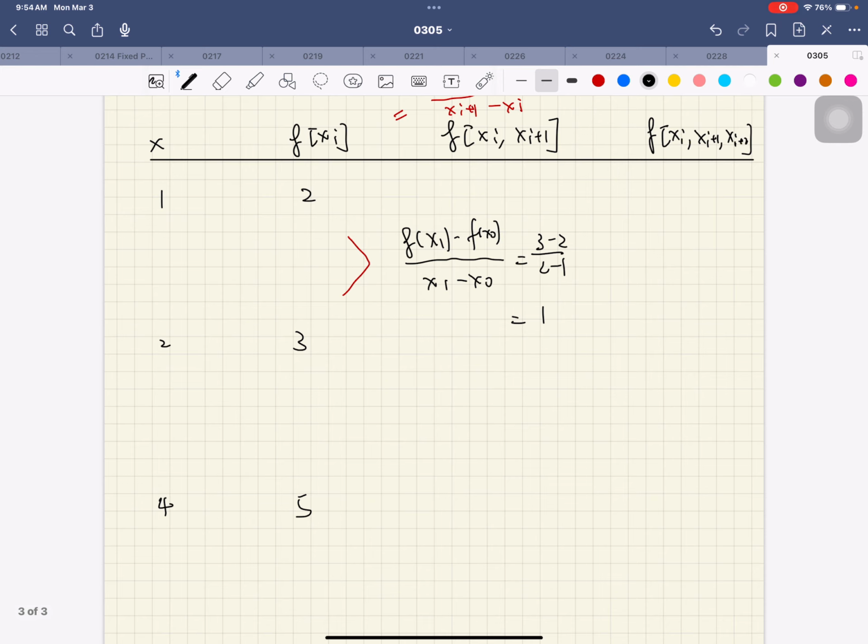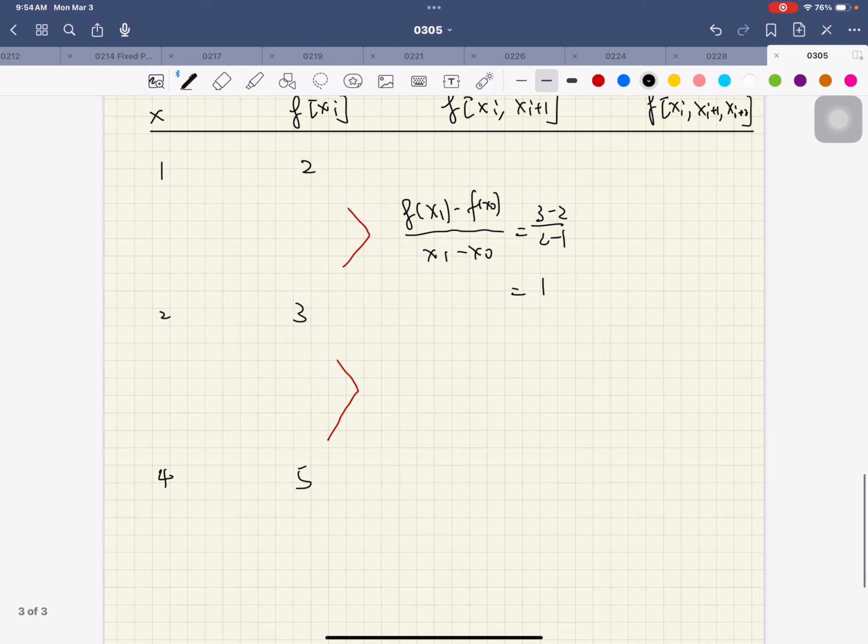That is the first pair in the first difference, and now we need to compute the second pair. This is equal to f(x2) minus f(x1) over x2 minus x1. If we substitute the values, we have 5 minus 3 over 4 minus 2, which is also equal to 1.